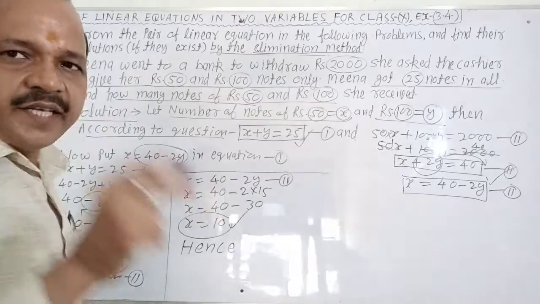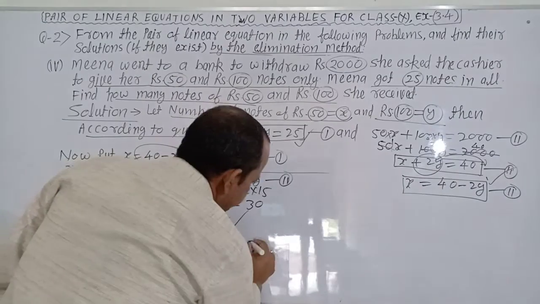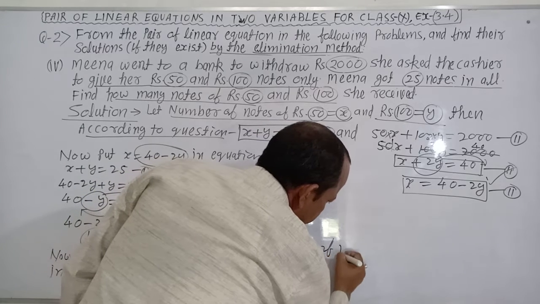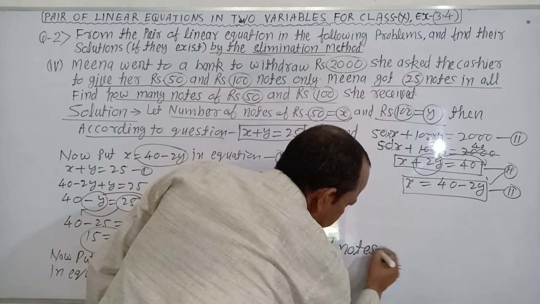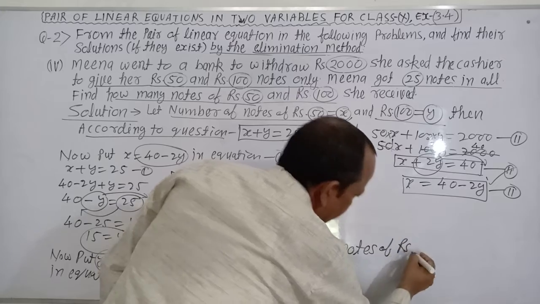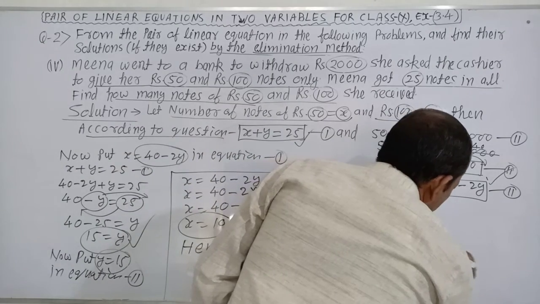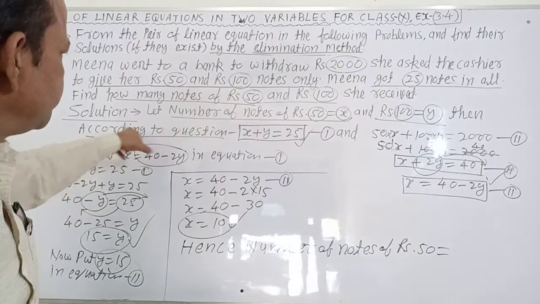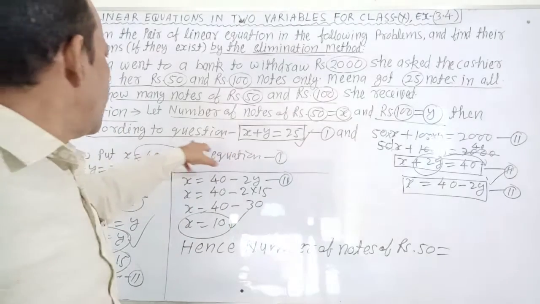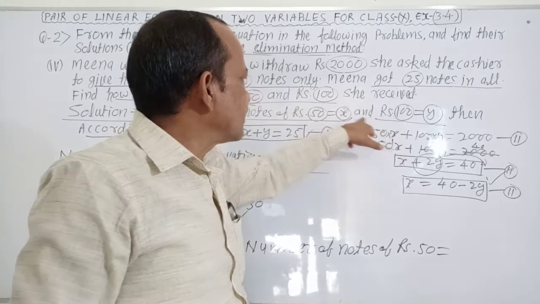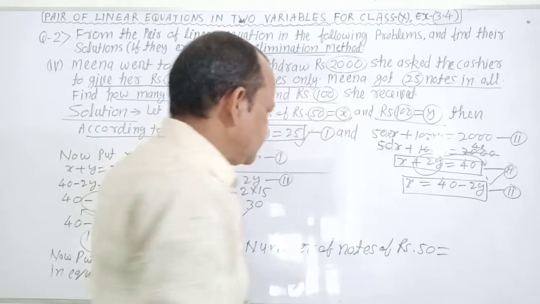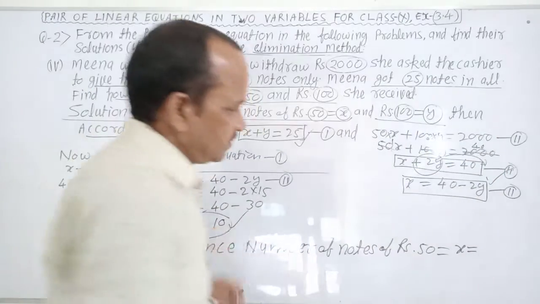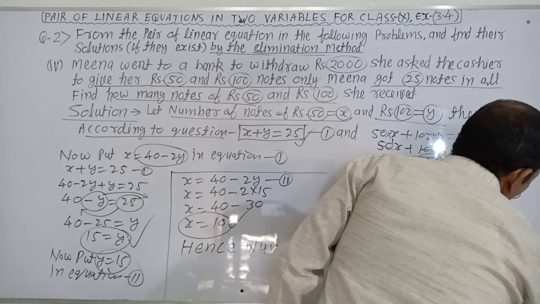Hence, number of notes of Rs 50 equal to x equal to 10 notes.